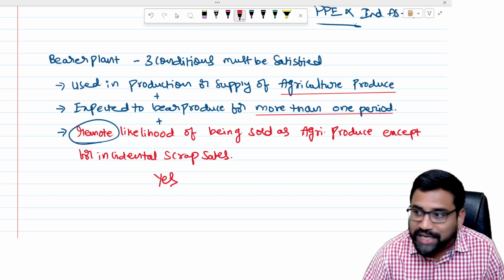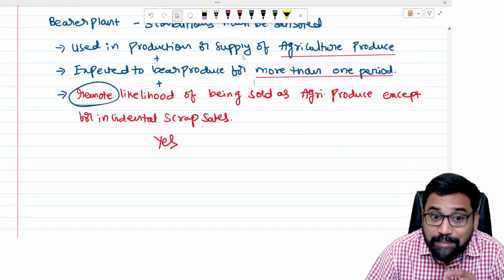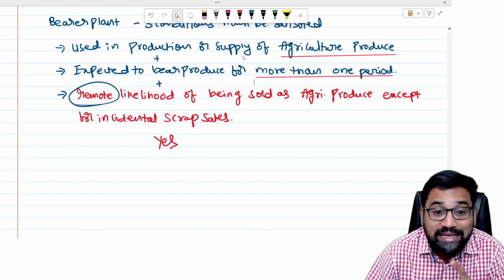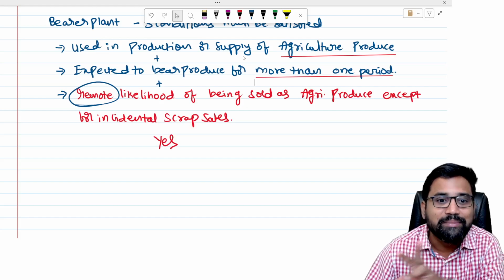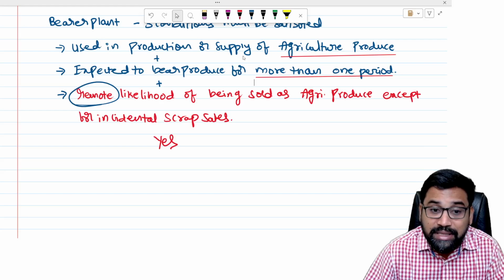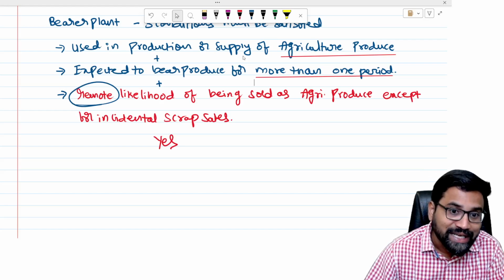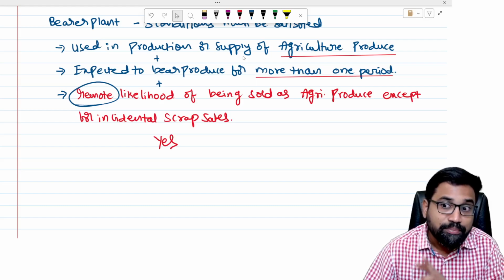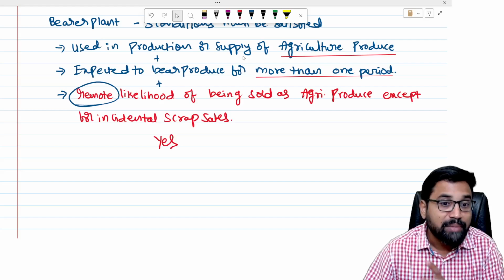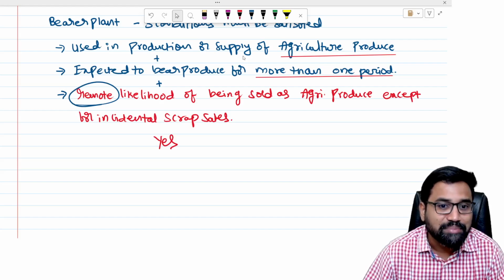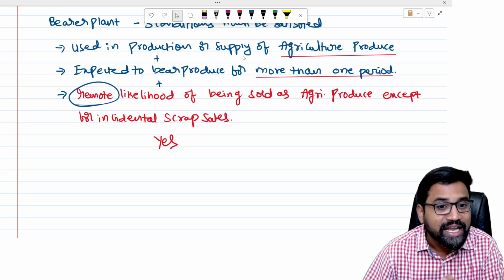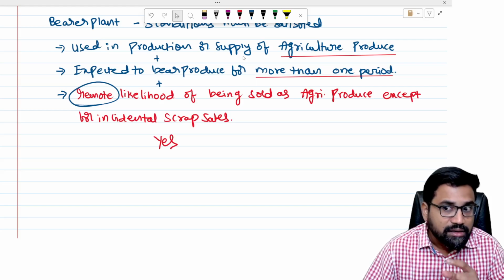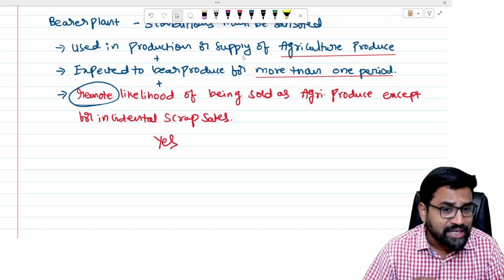One more interesting point, sir. This standard is applicable to the bearer plant, but it is not applicable to the produce of the bearer plant. For example, this standard is applicable to the mango tree, but mangoes are not covered by IND AS 16 because mangoes are not PPE. But the mango tree is PPE because it is a bearer plant, and bearer plants are covered under IND AS 16. Sir, the mango tree is related to agriculture activity, isn't it?